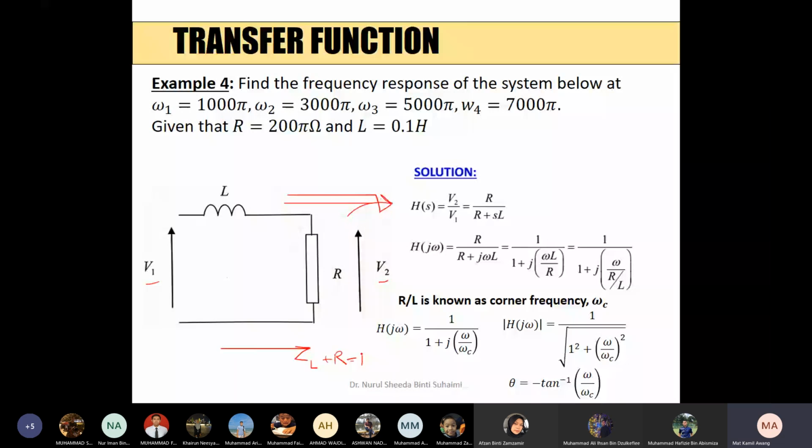You use the voltage divider: V2 is equal to R over R plus ZL times V1. So V2 over V1 is equal to R over R plus ZL, where ZL is equal to sL. That's why you get H(s) equal to V2 over V1 equal to R over R plus sL.